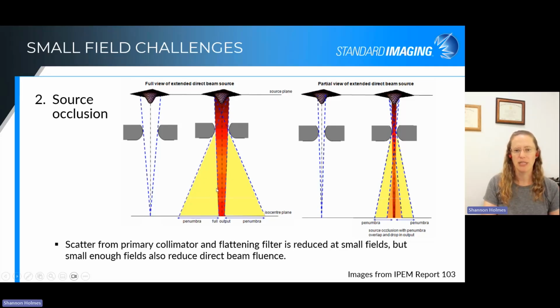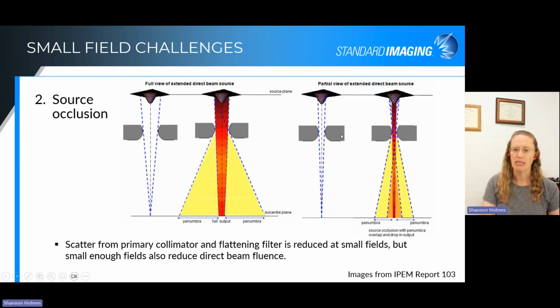There's this penumbra region where you have scatter or secondary, where you see only a part of that primary source, but here in the center you actually see the full output. You see the full geometric, I guess, totality of the source there.